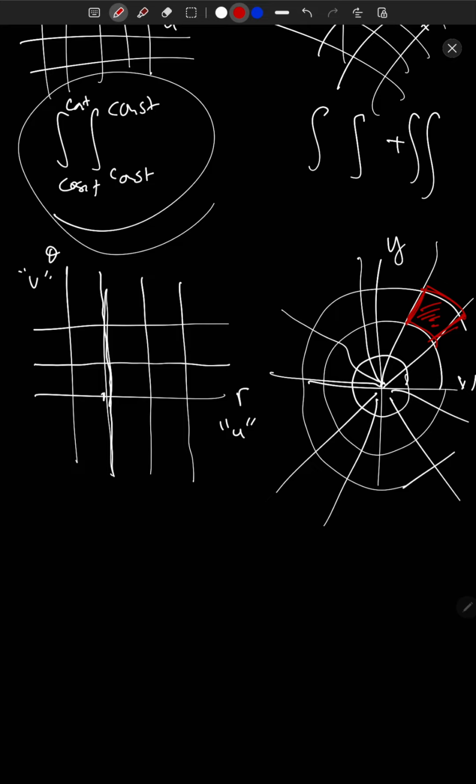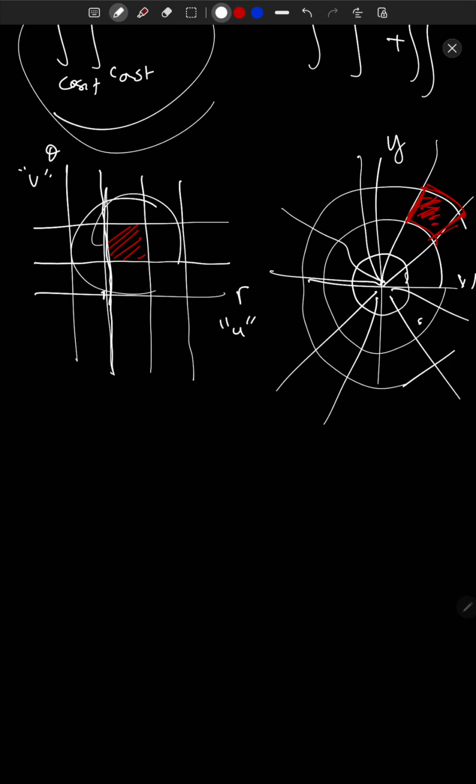So you work on the left-hand side instead, where that sector right there corresponds to just a regular rectangle on the left-hand side. So that's why when you integrate over circular regions in terms of x and y, it might be unpleasant. But when you convert to polar coordinates, you're integrating over regions which are very simple. We'll make this correspondence much more formal when we actually talk about the conversions.